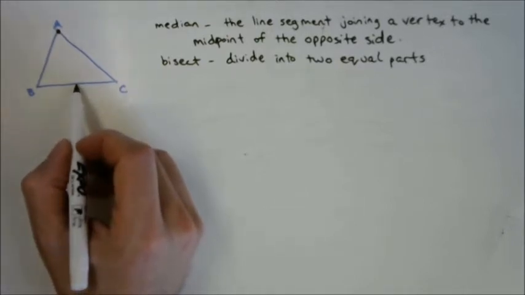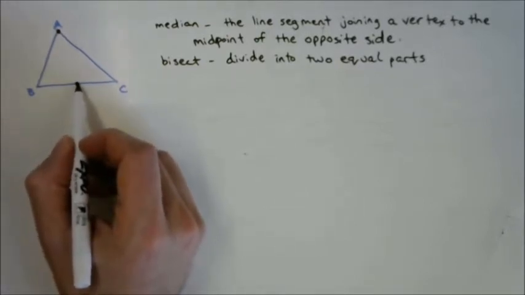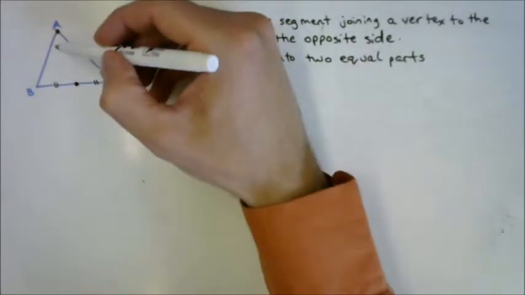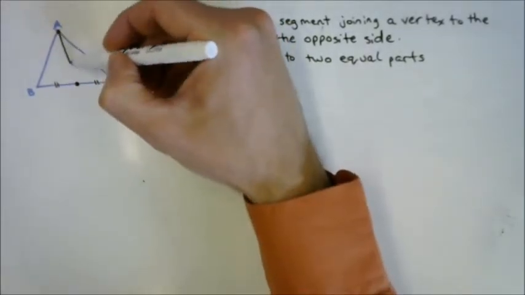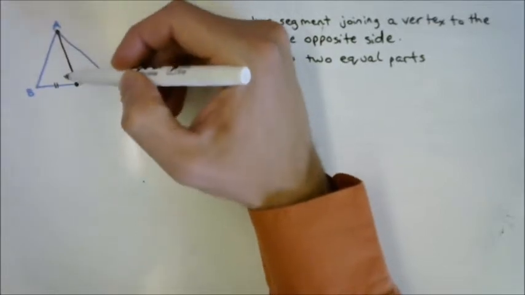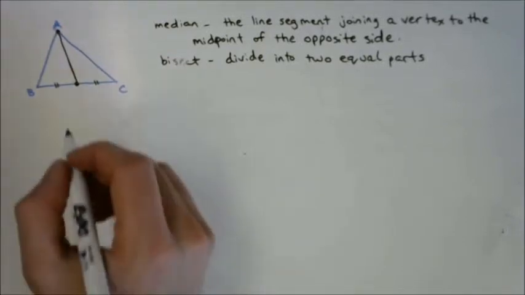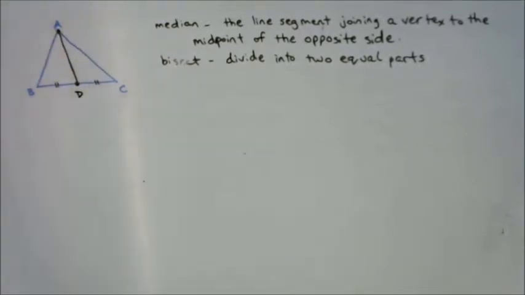Right, I got to bisect BC, which means I'm going to show that. And then I'm going to draw a line, and you guys should actually use your ruler because we're going to be measuring. Okay, I bisected BC. Now AD is a median of the triangle ABC. Okay?